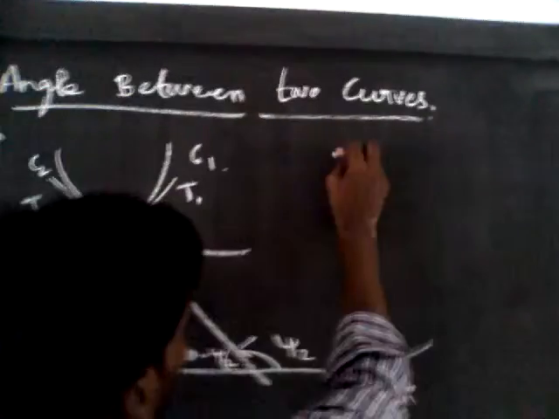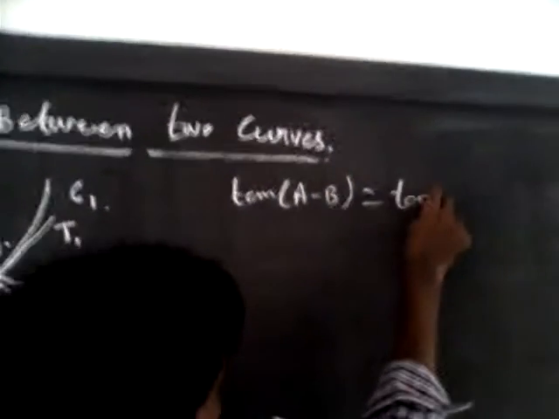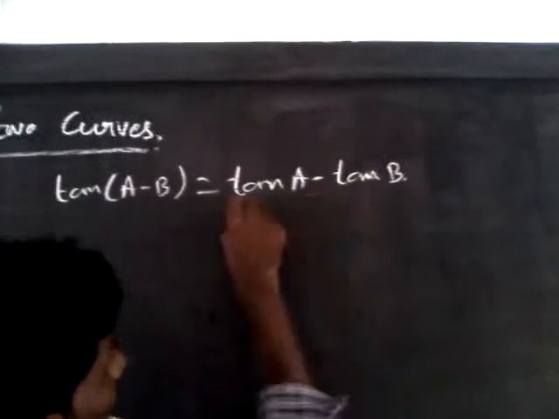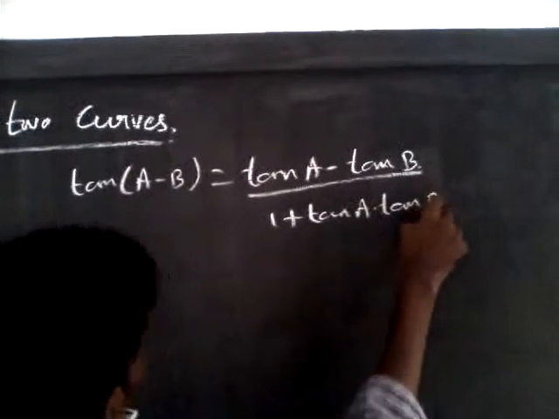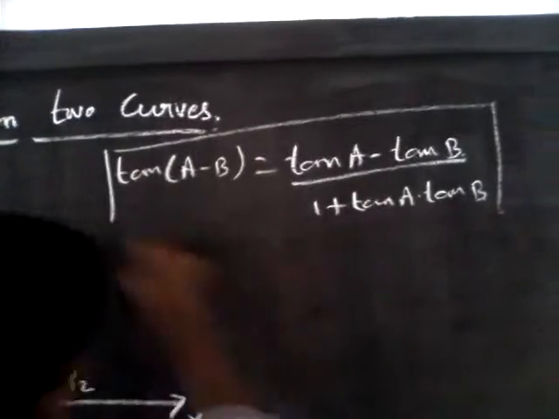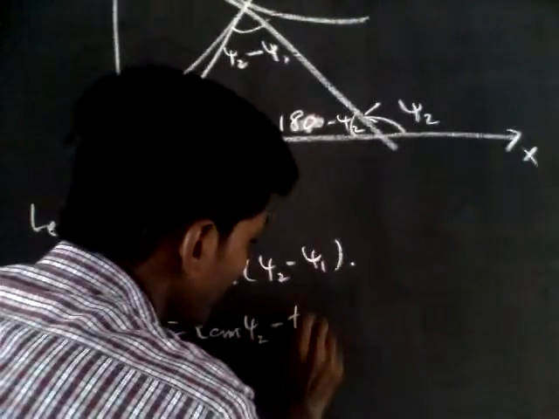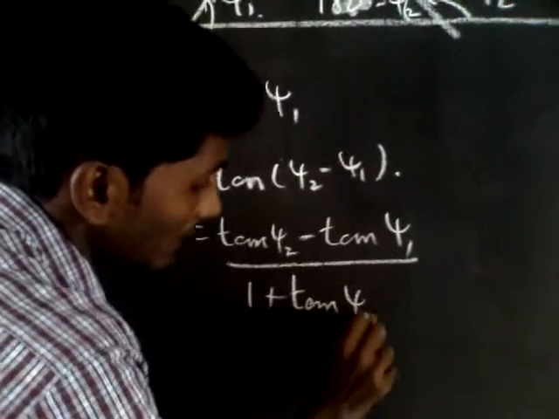We know the trigonometric formula: tan(A minus B) is equal to tan A minus tan B divided by 1 plus tan A into tan B. So tan of psi2 minus psi1 is equal to tan psi2 minus tan psi1 divided by 1 plus tan psi2 into tan psi1.